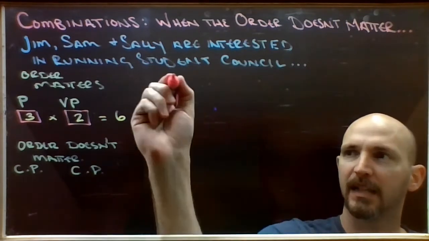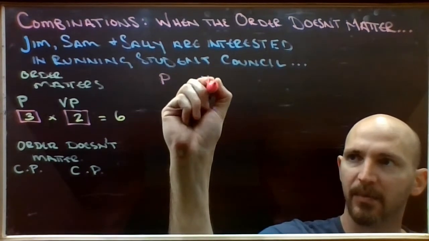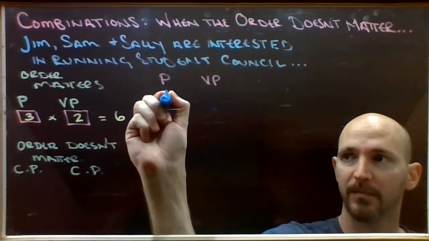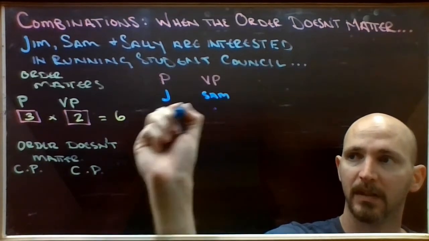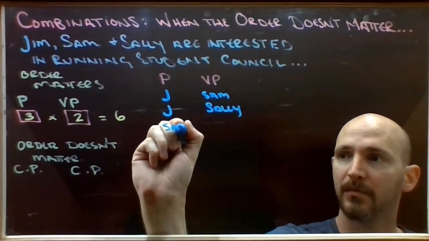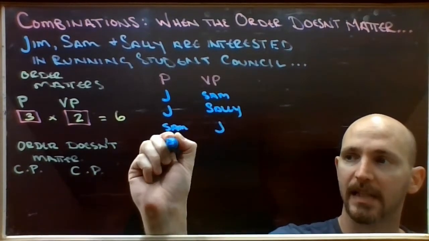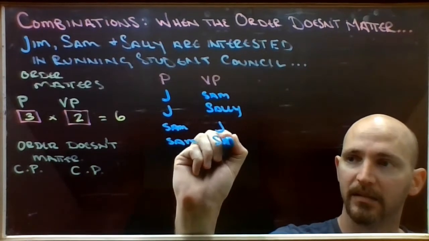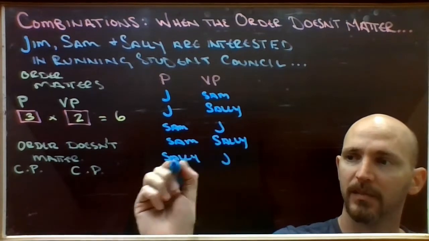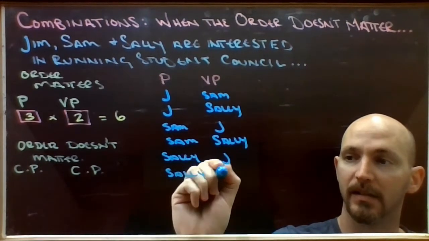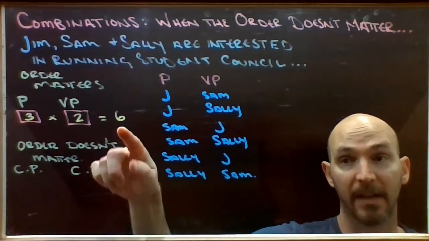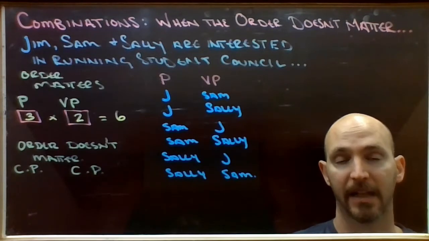So if I were trying to select a president and a vice president, then my options could have been Jim and Sam, Jim and Sally, Sam and Jim, Sam and Sally, or Sally and Jim, Sally and Sam. So as expected, there are 6 different ways that they could play out.